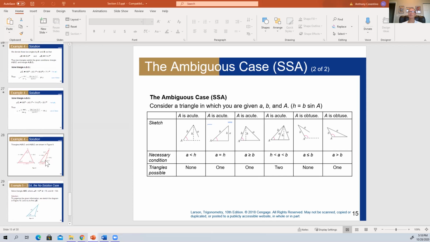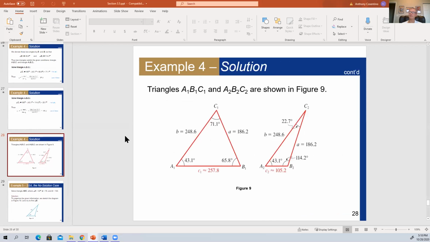And so here's the problem we're going to walk through. What you'll be given is this angle A of 43.1 degrees, A of 186.2, and B of 248.6. You can see, depending on the value of angle B, there are two possible solutions. One of them is angle B between 0 and 90 degrees, remember that's called an acute angle.